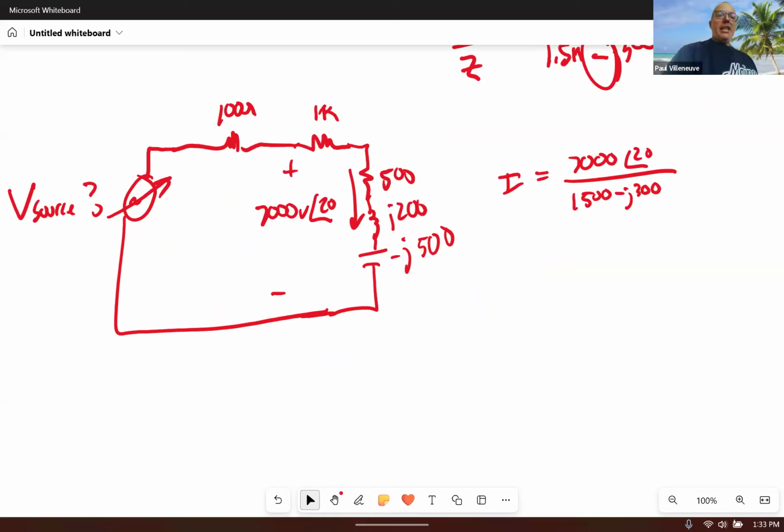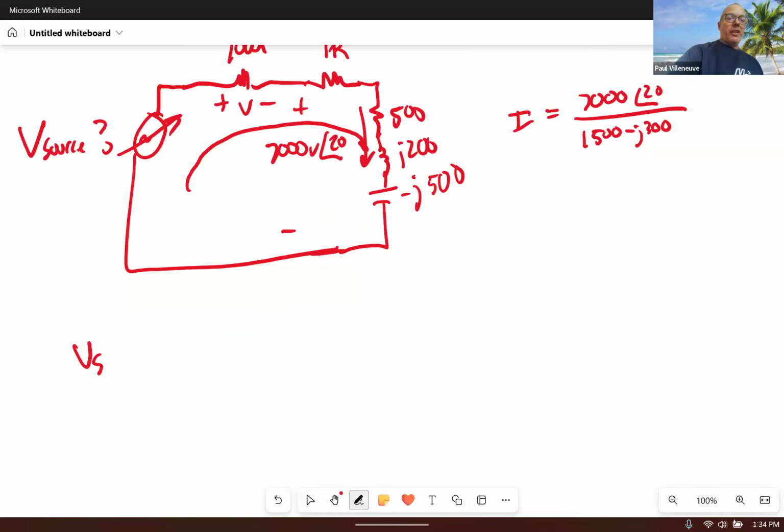Now I need to include the voltage drop across the transmission line, right? Because we know that that current is a series current that runs all the way through. And that's going to give me a voltage drop. And my source voltage is equal to my line drop plus my load drop. Okay?